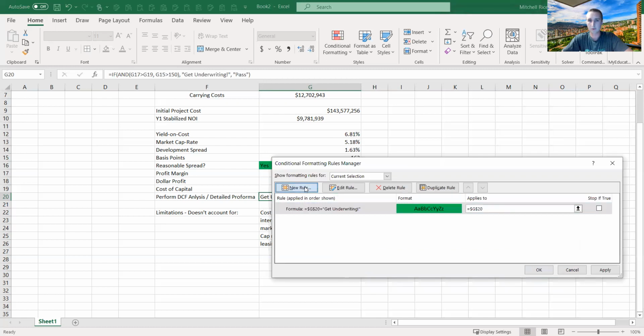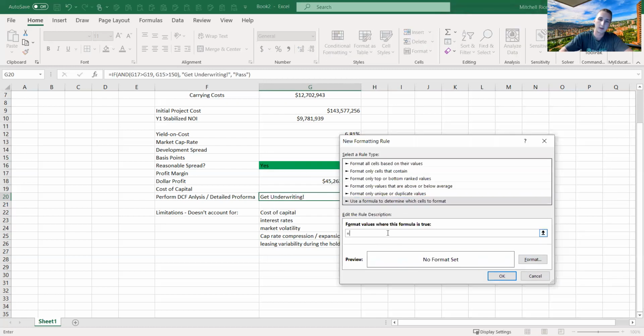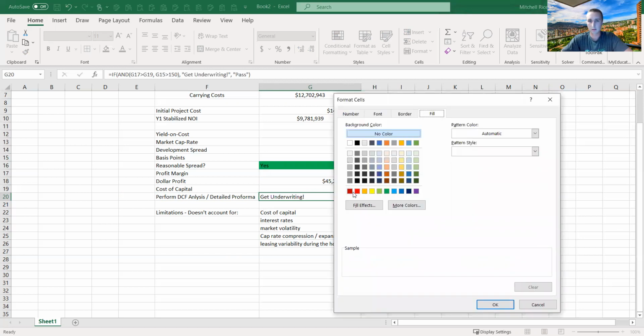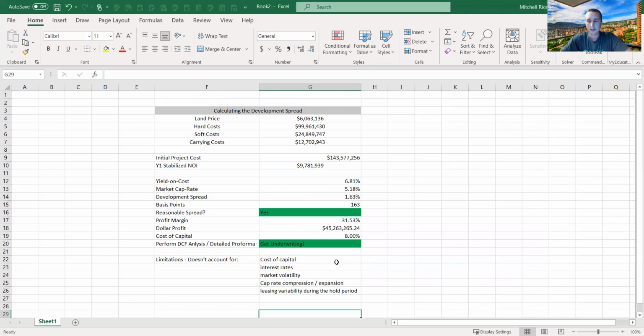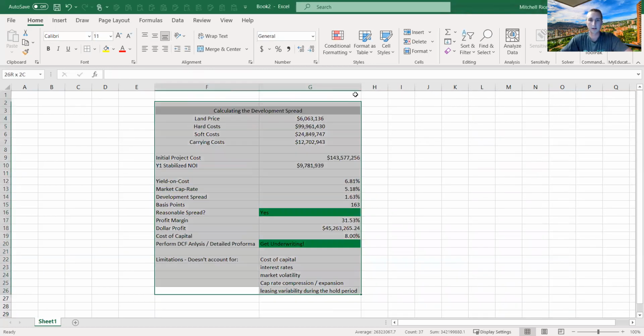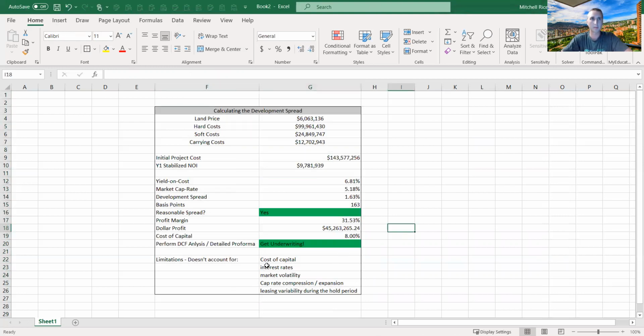Okay, new rule. If it's pass, then we're going to make it red. Cool. To put a border on, it's just Alt H B S, just to pretty it up a little bit.